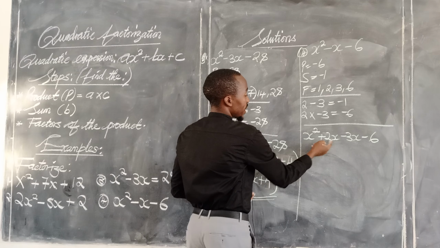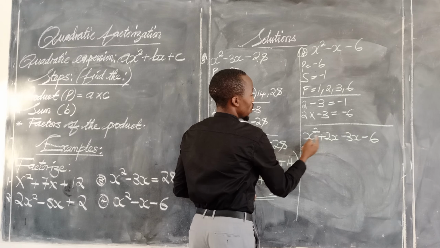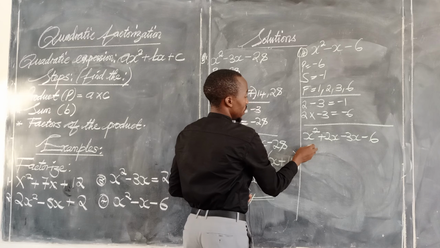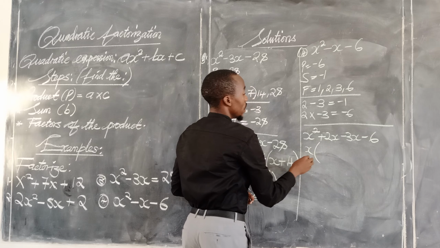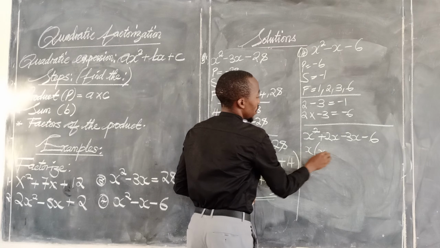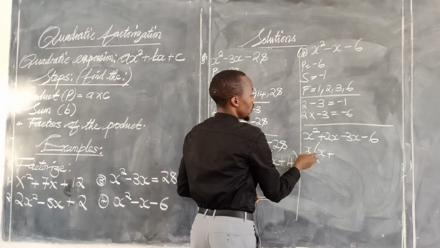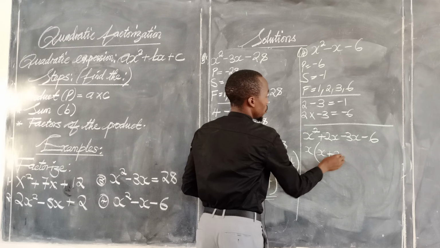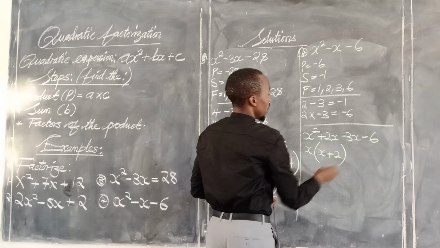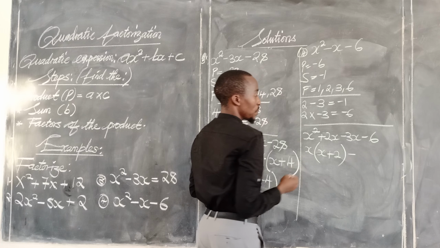What is common here? In x squared plus 2x, it is x. When we divide x there, we have x plus 2. The negative sign drops down.